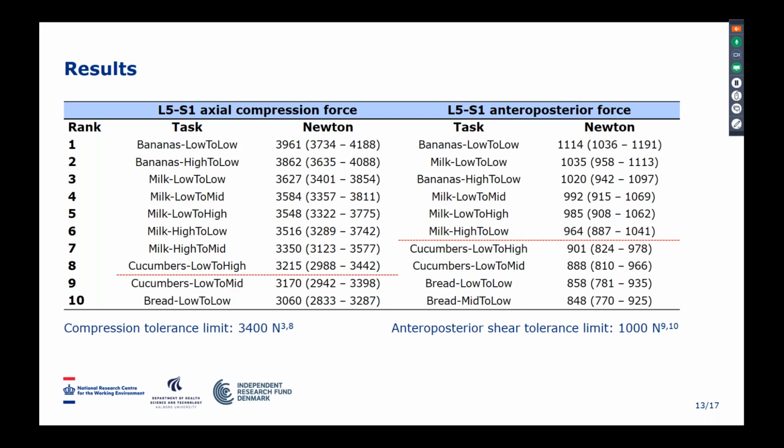So basically what you can see from the merchandise work tests that we measured is that a lot of these work tests actually exceed these tolerance limits.